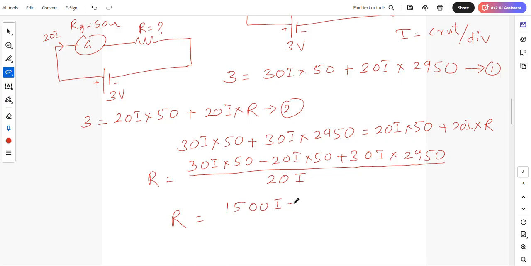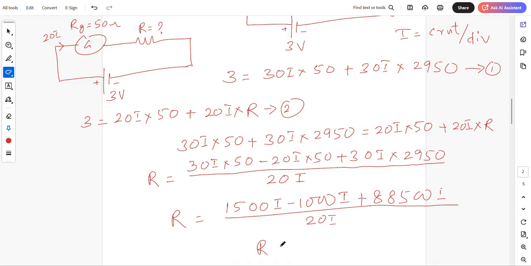That is equal to 1500I minus 1000I plus, multiplying 30 and 2950, 88500I, divided by 20I.